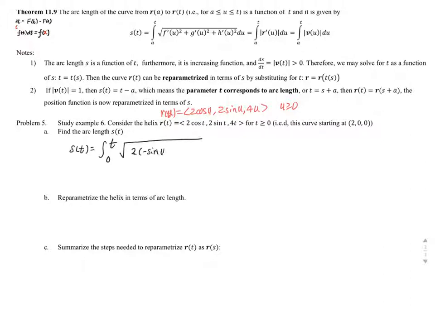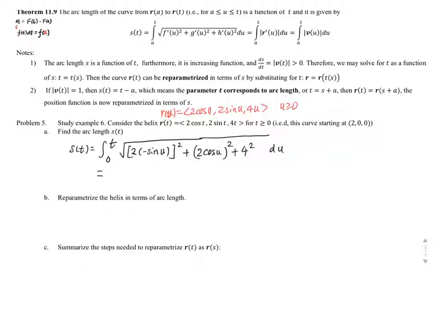So negative sine u, squared, plus the derivative of the second component, which is 2 cosine u, squared, plus the derivative of 4u, which is 4, and then 4 squared, du.